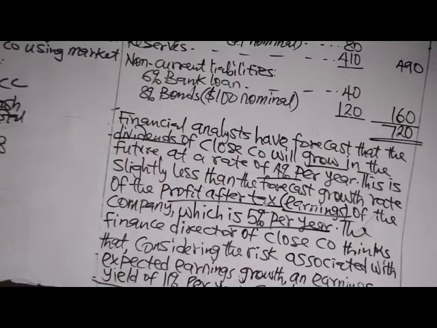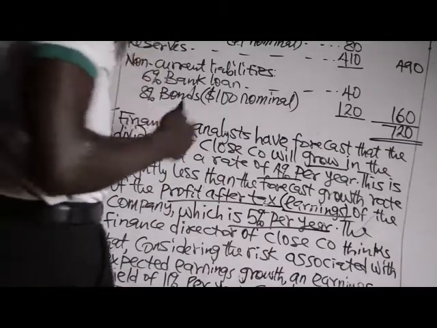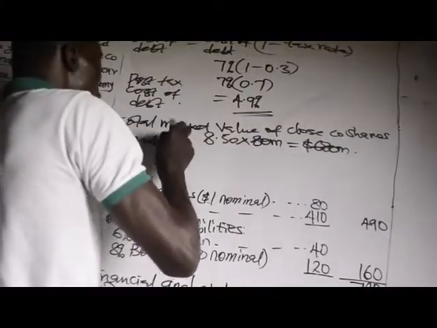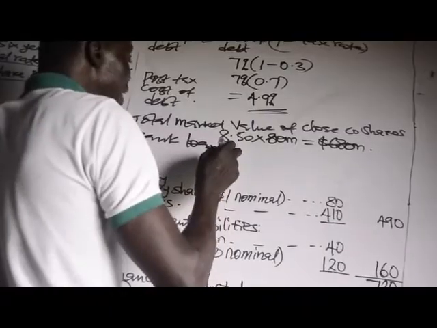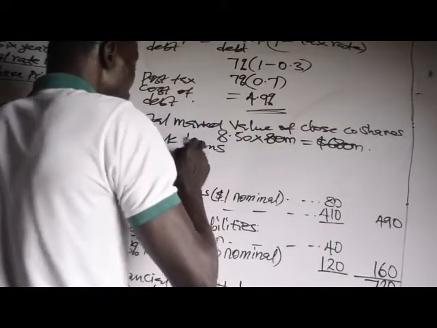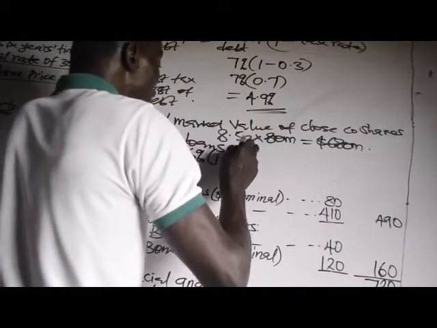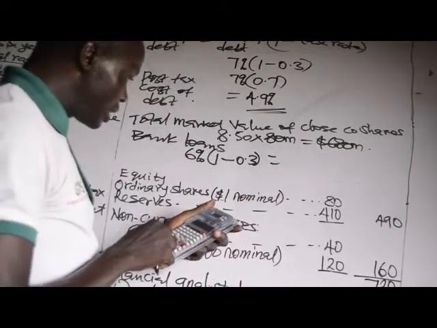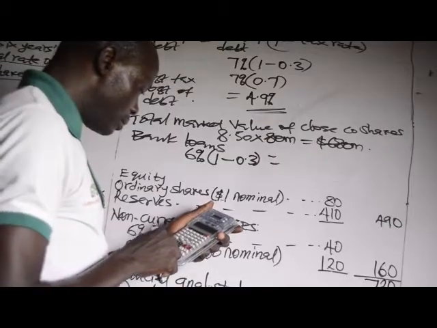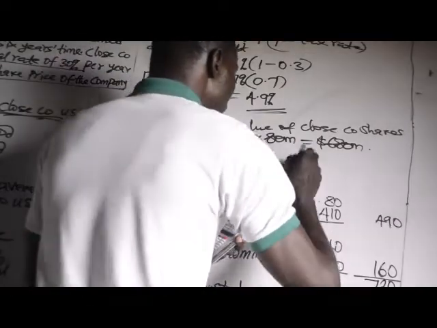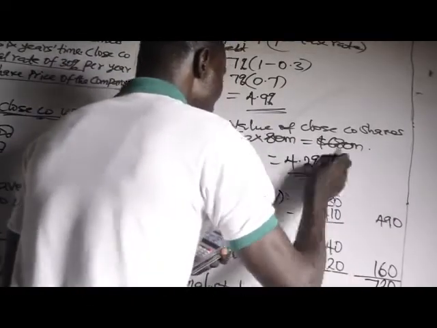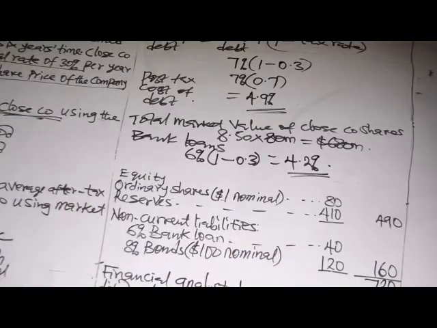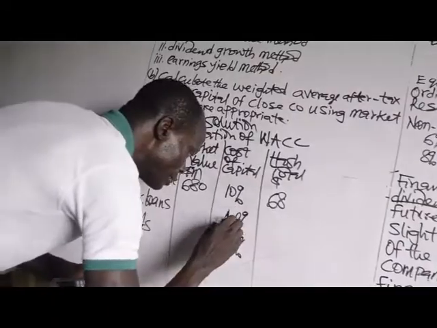So you will need the post-tax cost of the bank loan now. If pre-tax is 6%, when you allow for tax, the post-tax cost of the bank loan will be 6 times 0.7, which gives us 4.2%. So for the bank loan, you have 4.2%.